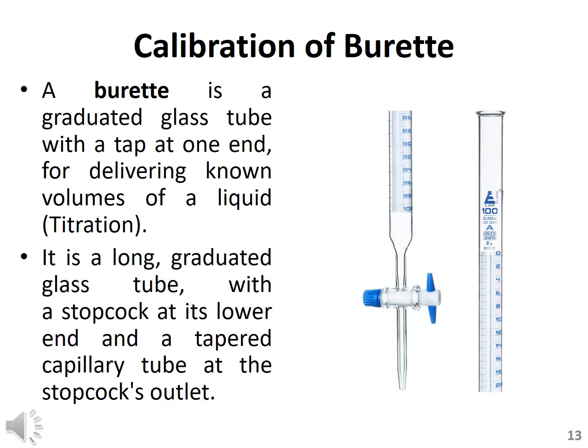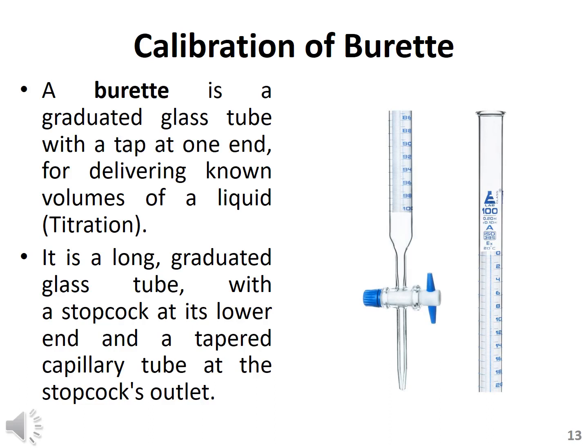The volumetric burette can be made of glass or plastic and is a straight tube with a graduation scale on it. At the bottom of the burette, there is a stopcock, a valve to control the flow of chemical solution. The barrel of the stopcock can be made of glass or plastic.